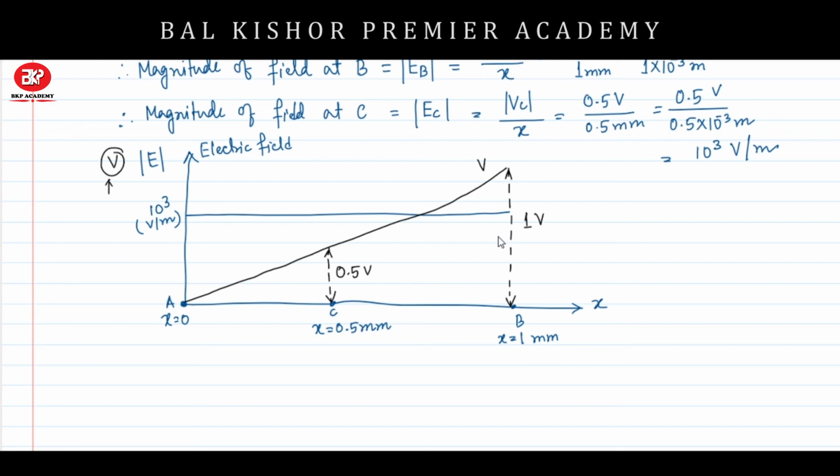The electric field is a uniform plot, but the potential plot is linearly increasing with the position. So this is all about the electric field intensity inside the semiconductor bar.